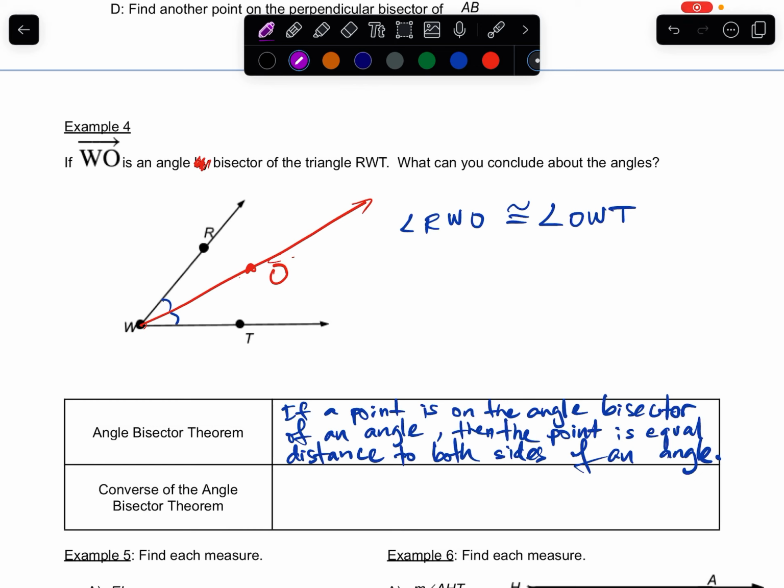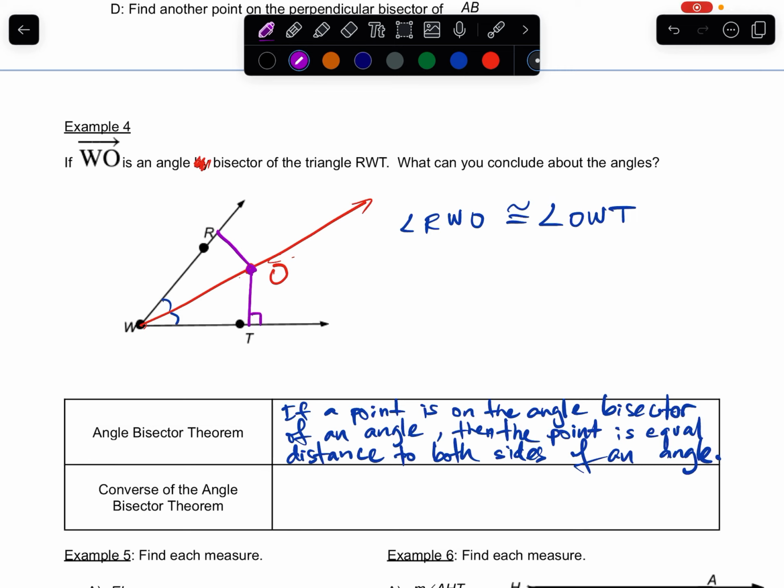Okay, what does that mean? So if I have a point on my angle bisector, remember this red line is my angle bisector. Let's say I chose O. That means that the distance from the point to the side of the angle is the same as the distance on the other side from the point to the side.